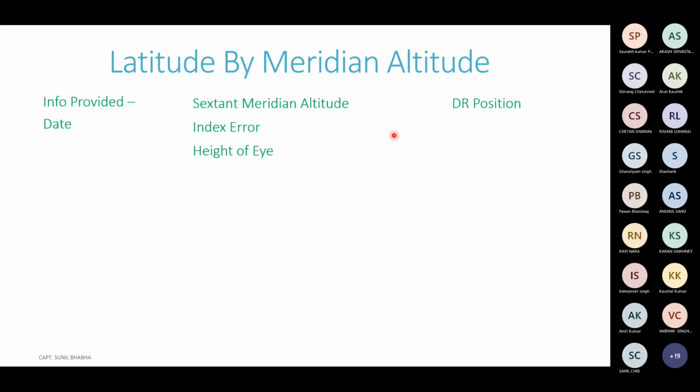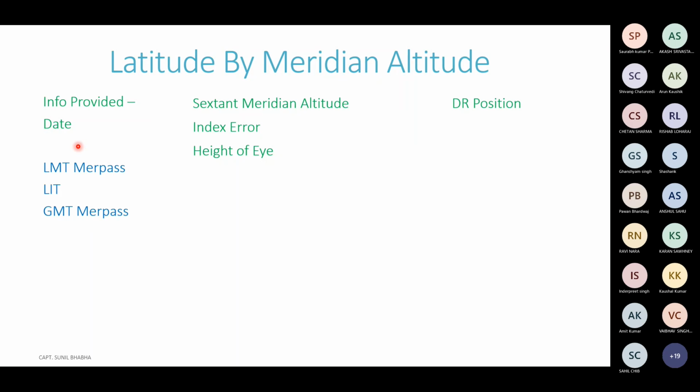Along with this, they will provide us with the DR position of the ship. We will have the DR latitude and the DR longitude given to us in the question. Now, in these questions, the important thing to note is that most of the time, the exact time of observation is not mentioned.